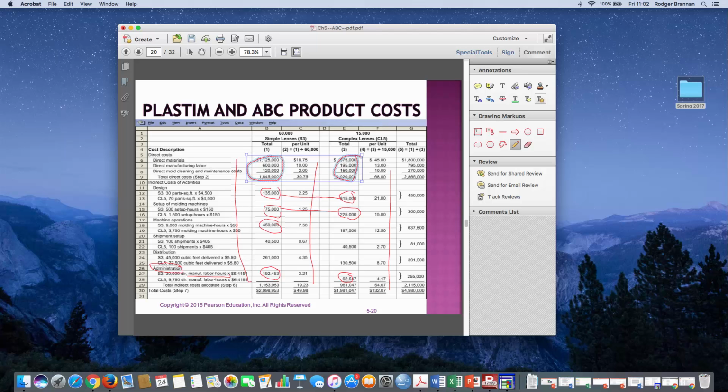If I divide that by 60,000, here is my unit level cost, $49.98. Do the same thing over here. Sum up all the total cost here of $1,981,47 divided by 15,000, and I end up with that cost per unit. Now, if you want to add these up, that's fine, but really the relevant number here is the total cost per unit.